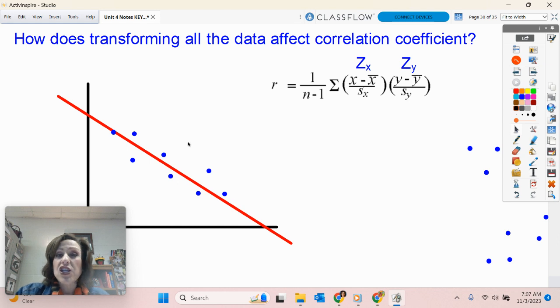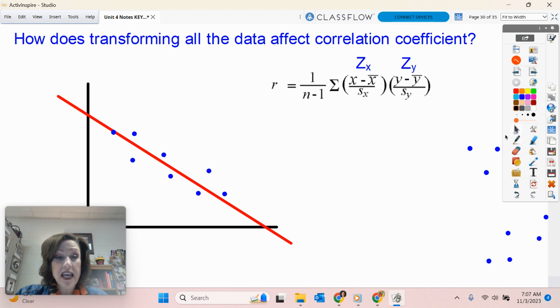I have a set of data here. If you were to describe this relationship, you might say strong negative linear relationship between the two variables in context. Now, what happens if I add or subtract something and shift all the x values?